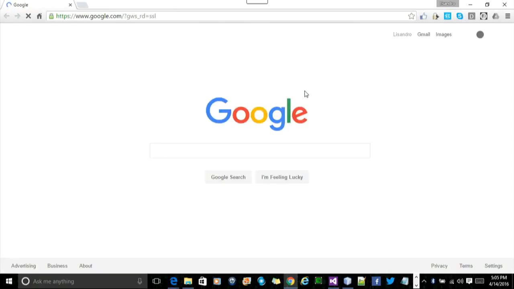Okay, it's loading up. And yes, I know I have a lot going on my computer because I'm constantly working on different projects and school and work and all that. Okay, so here we are. Just let it finish loading.